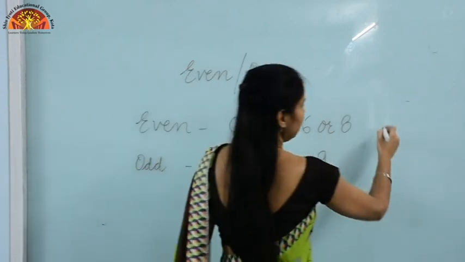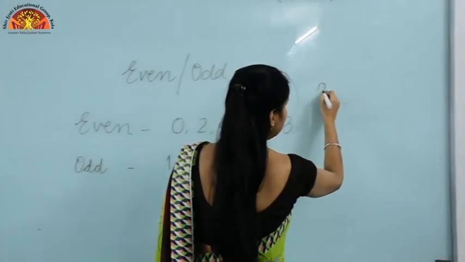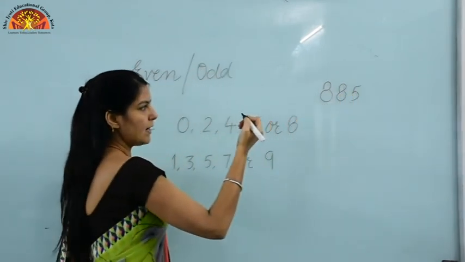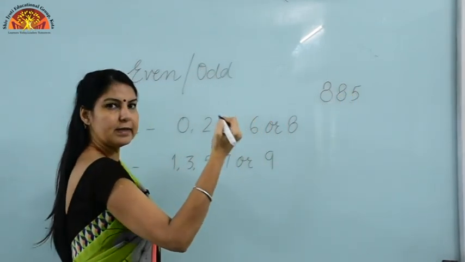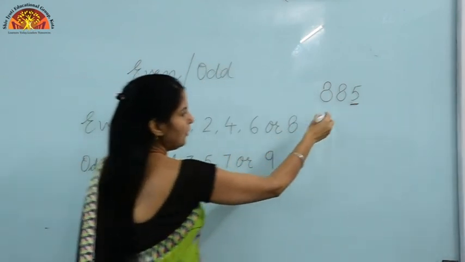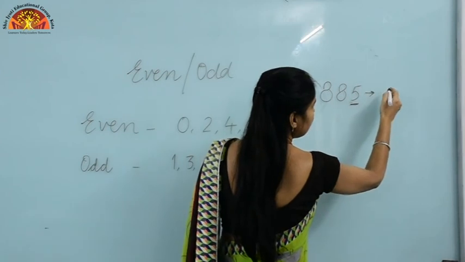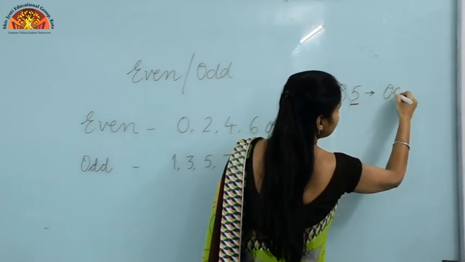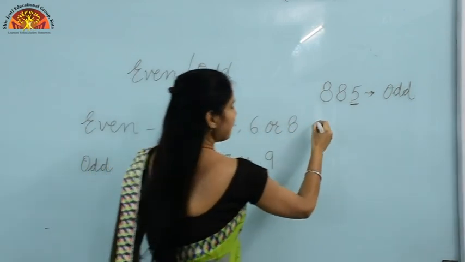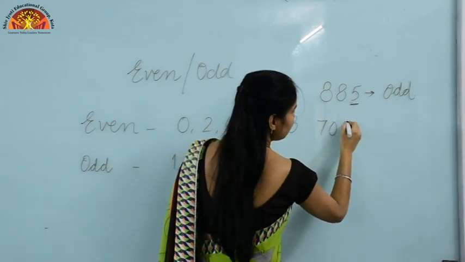I am writing 885. Now we will check which digit it is ending with. It is ending with 5. So the whole number 885 will be odd. Now let us see one more example. 702.